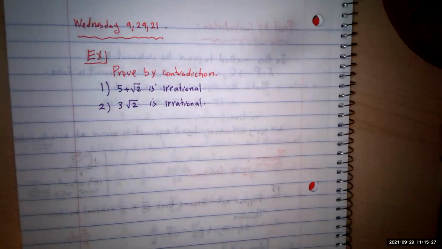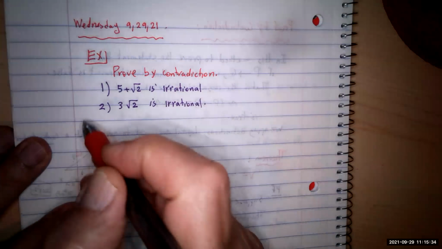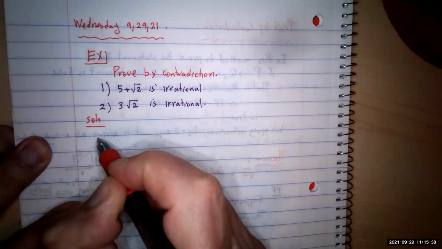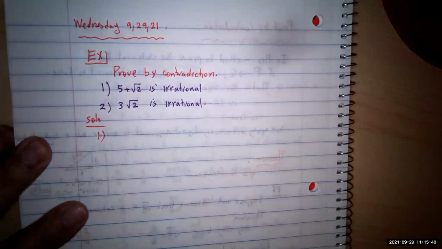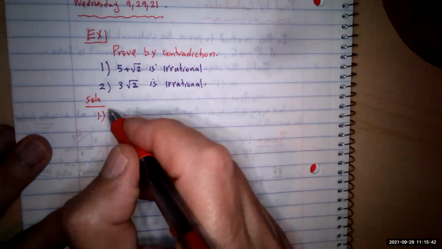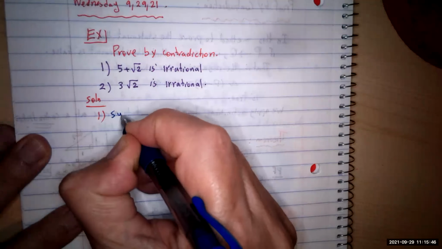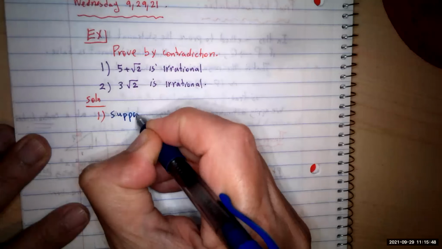So as usual, you assume it's not, and then you try to arrive at a contradiction. Okay, are you ready? Getting the first one. Okay, the first one, we assume not. Suppose not. Suppose it's not true.